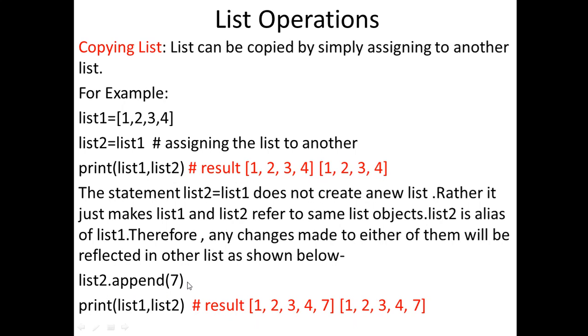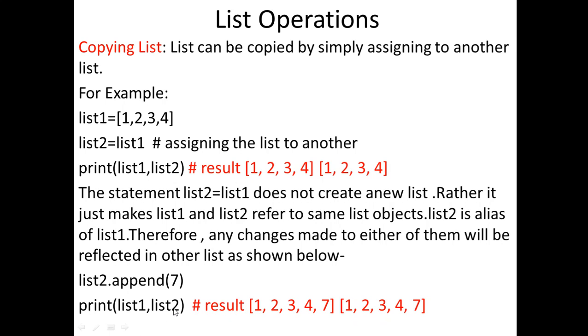So the change is not only in list 2, but at the same time list 1 is also getting updated. When you take the output, you will see the result as 1, 2, 3, 4, 7, 1, 2, 3, 4, 7.